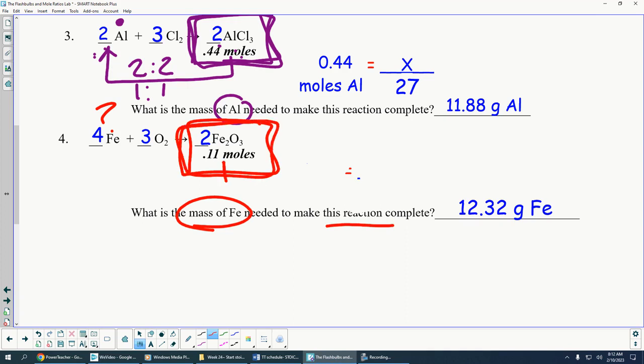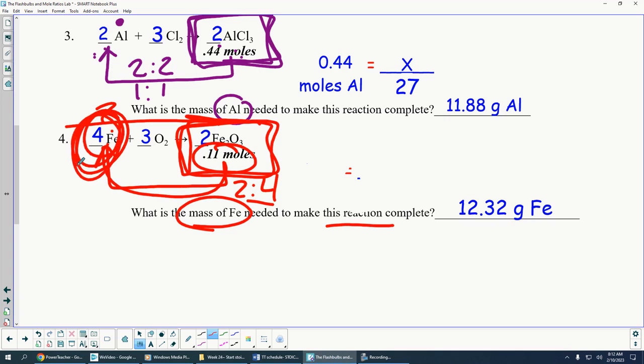I'm going from there to here, so that is a 2 to 4, and you don't want to read it like a book. We read it from where we are to where we want to be. So I need twice as many iron moles as the iron oxide moles that I'm going to end up with. So 0.11 times 2 gives me 0.22 moles of iron that I need.